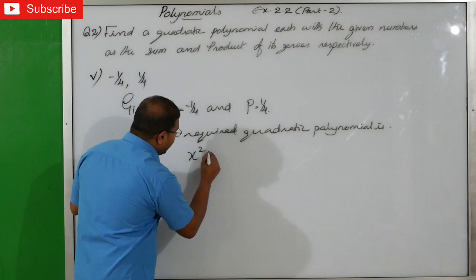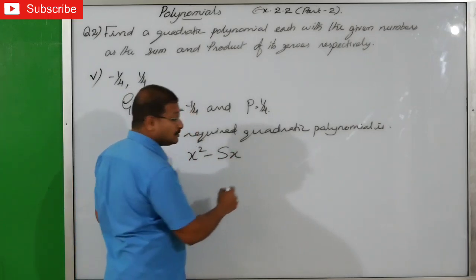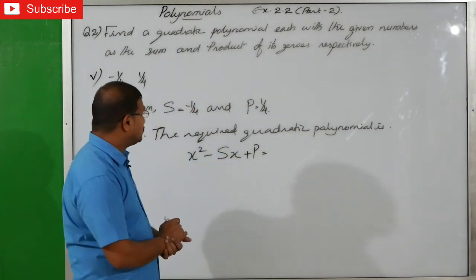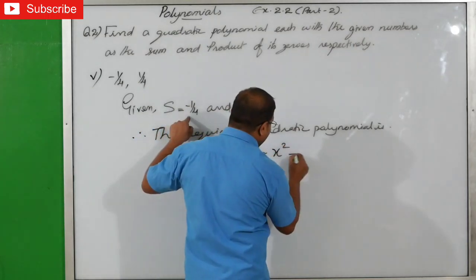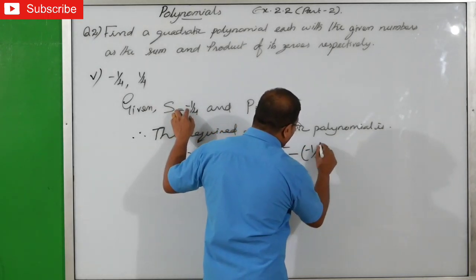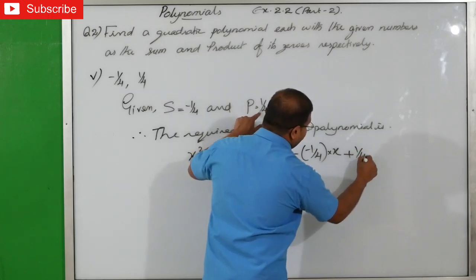X square minus sum of the zeros into x plus product equals, now what is the value of sum of the zeros here? Minus 1 by 4, isn't it? So we'll write x square minus minus 1 by 4 into x plus product is 1 by 4.